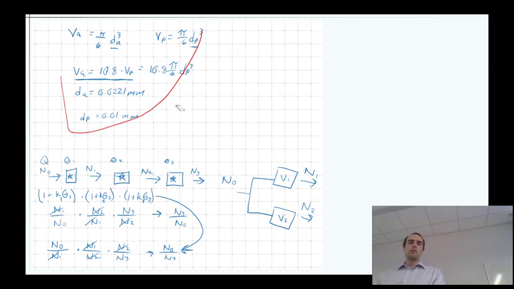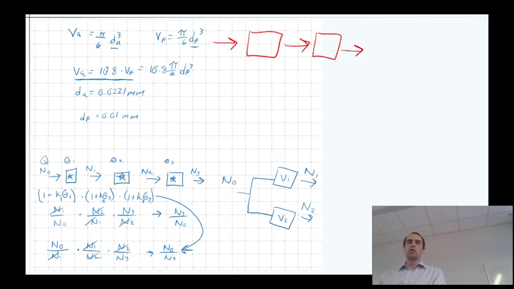My question to you is, if we had a reactor like this, and say this is the initial, and then N1 here and N2 here, without looking ahead down below, how do we know something about the initial over the final?